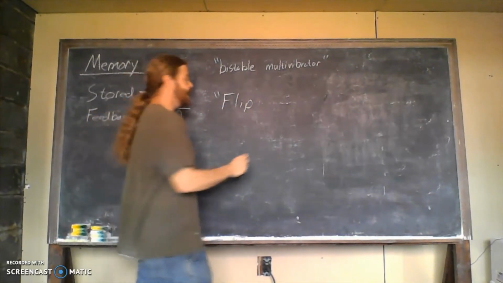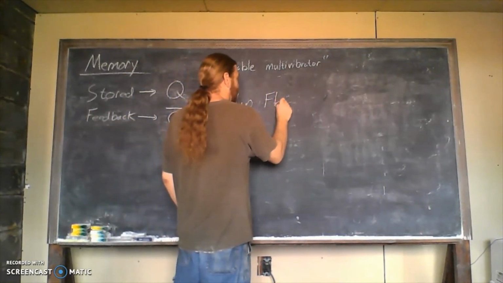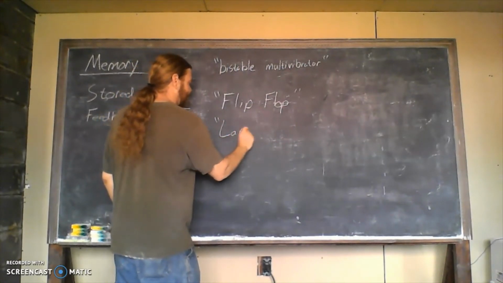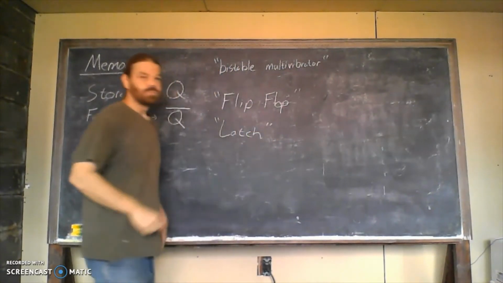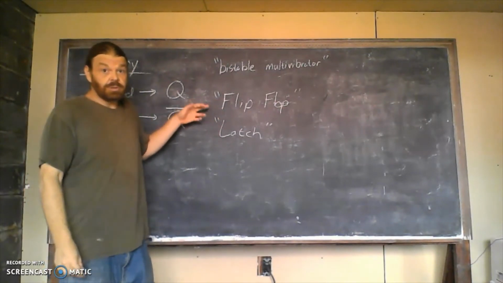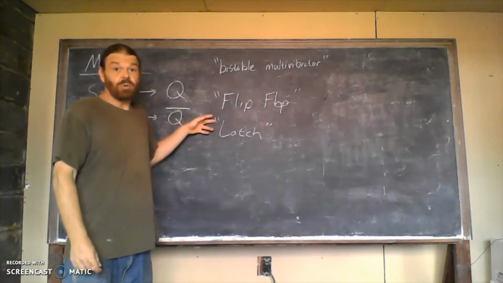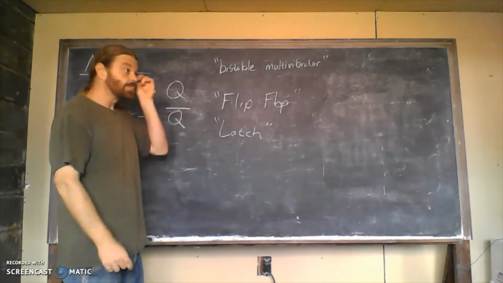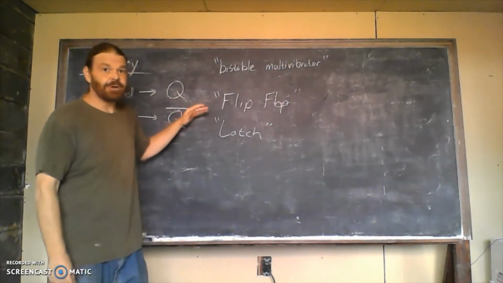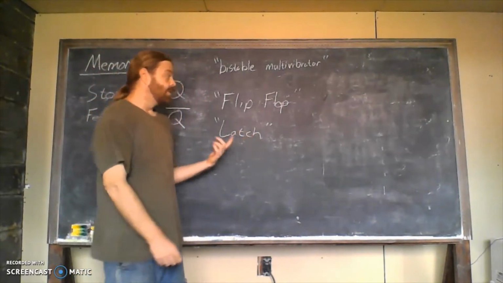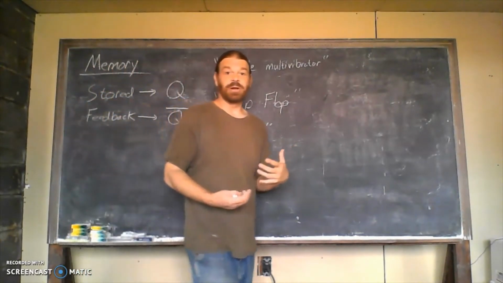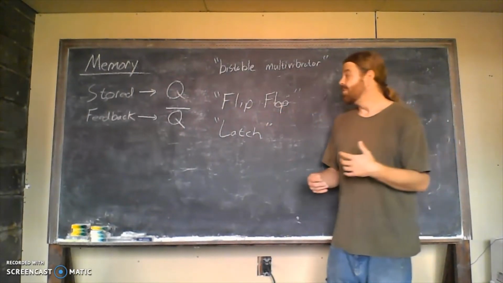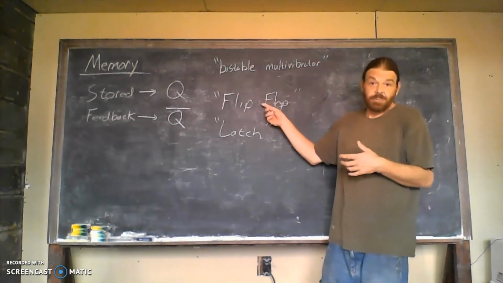What we're going to say is flip-flop or latch. And those are generic, regularly used terms. They're interchangeable, though there is a tendency that if we're talking about the refined versions, where we take the basic one, like we're going to talk about today, and make it a little bit better, add in a clock signal and a few things to refine it, then we say flip-flop.